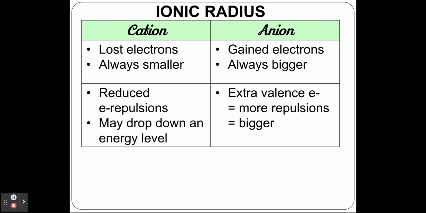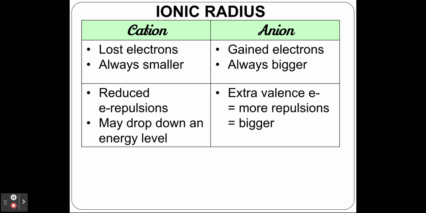So when we're talking about ionic radius, when we're looking at cations and anions, and again, I covered this in an earlier video, when you lose electrons, the cation is smaller than the normal, uncharged neutral atom. This reduces electron repulsions, right?